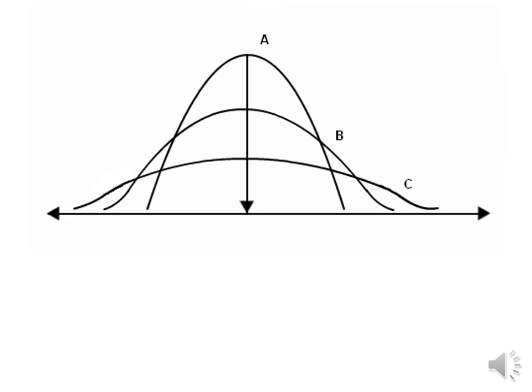For example, dispersion A shows a close and narrow dispersion, B is a wider dispersion, and C shows more dispersion compared to A and B. This is a graphical representation of dispersion.